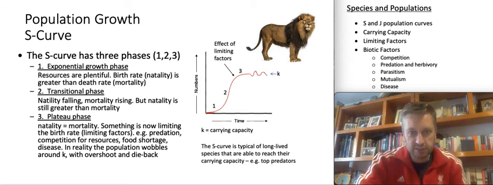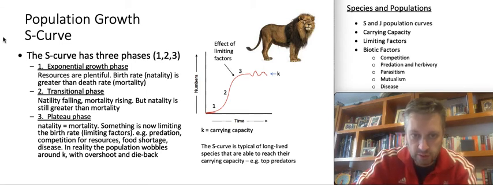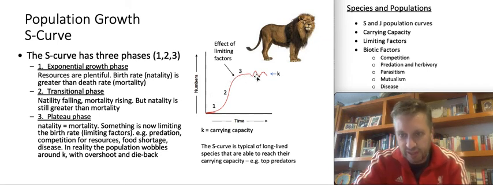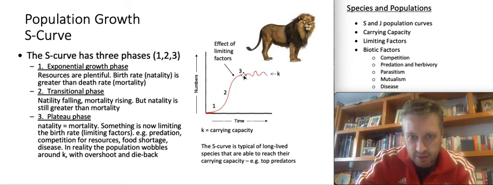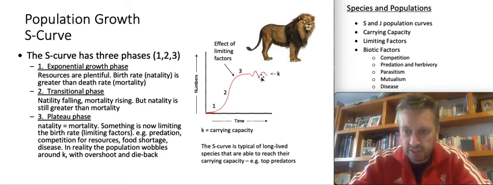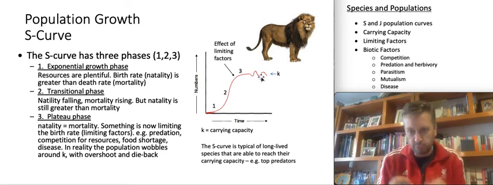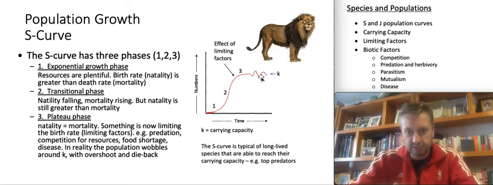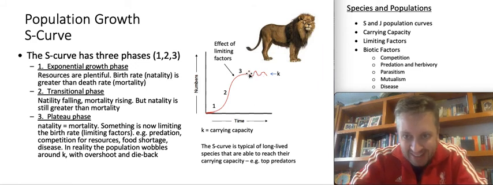We talked about this in topic 1, but in reality, the plateau phase is not really a plateau, not really flat. There's a fluctuation in population around what we call the carrying capacity. The carrying capacity being the maximum population size that can be supported in a habitat. And it's negative feedback that brings it back towards the carrying capacity all the time.